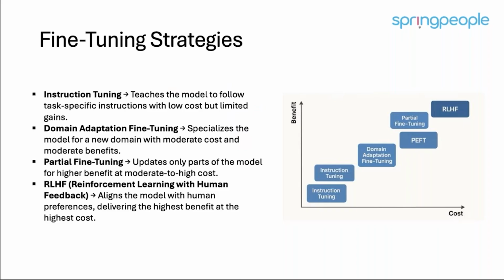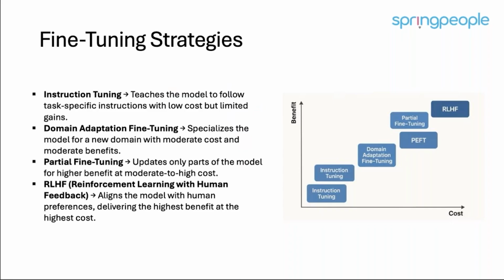There is partial fine-tuning and reinforcement learning with human feedback. These are different strategies of fine-tuning. We'll look at examples and analogies to give you a very simple understanding of this.